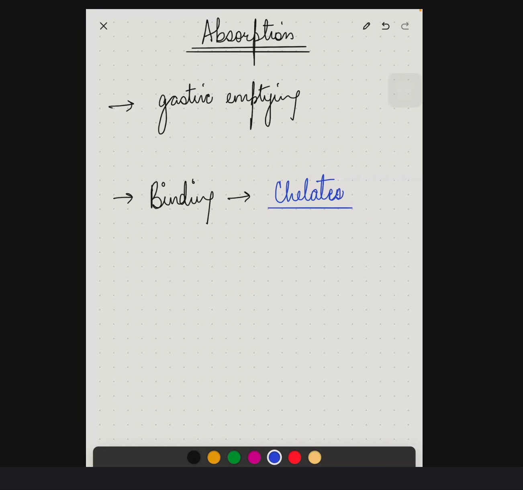There are certain drugs that can make chelating compounds in the presence of certain ions. If this type of interaction happens at the stage of absorption, these chelates are not easy for the body to absorb. So this is how it is affecting the levels of the drug.